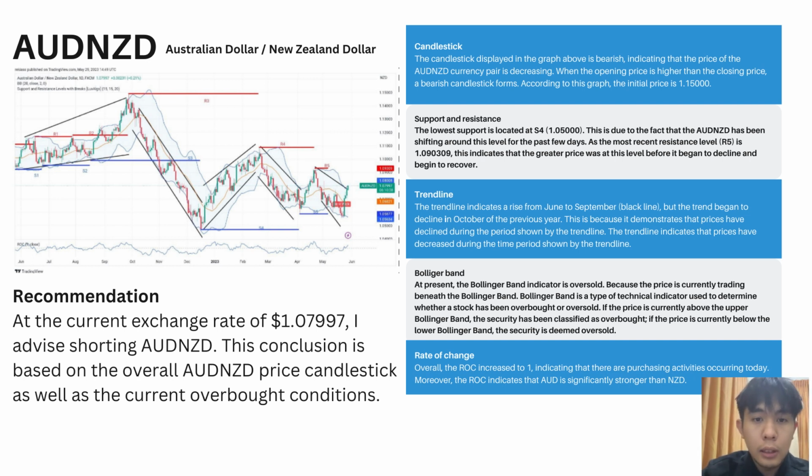The ROC also suggests that the AUD is significantly stronger than NZD. Based on our analysis, I provided a tip to short AUD NZD at the current exchange rate of $1.07997, considering the overall candlestick pattern and the overbought condition.